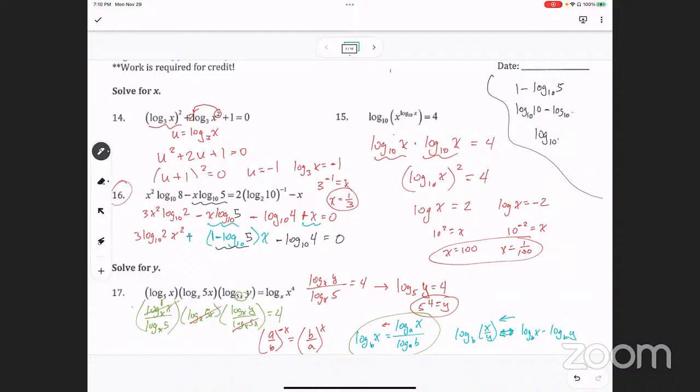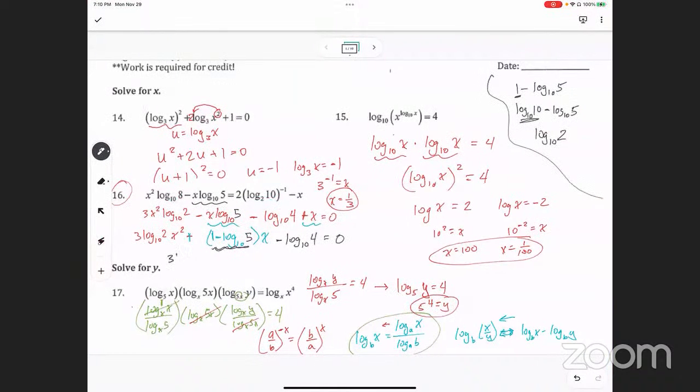Because if this is 1 minus log base 10 of 5, then it's log base 10 of 10 minus log base 10 of 5, which is just log base 10 of 2, because I'm dividing them. Okay, I'm starting to like this a little bit more.